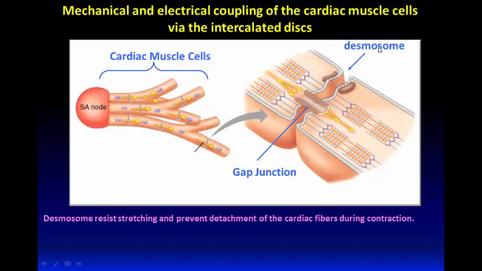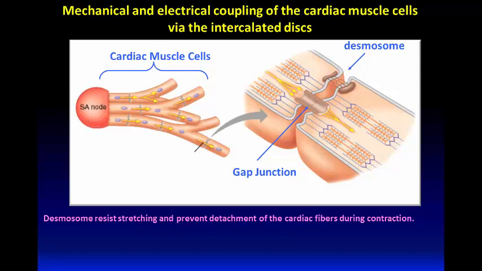We have desmosomes, and these desmosomes are the structures which provide the mechanical coupling of the cardiac muscle cells, because the desmosomes resist stretching and prevent detachment of the cardiac muscle fibers during contraction. So they ensure that the contractions of the cardiac muscle fibers are synchronized.